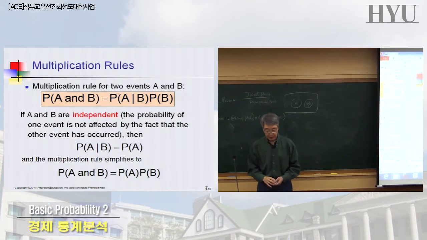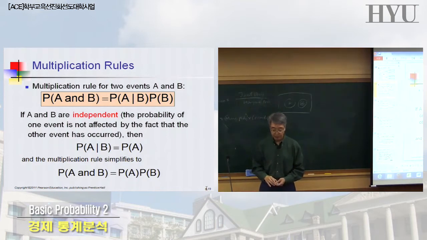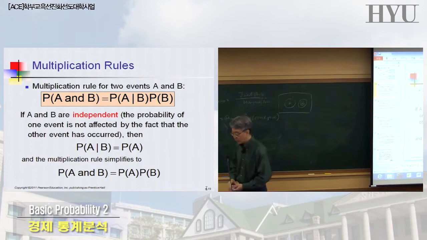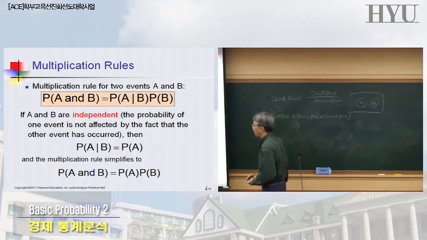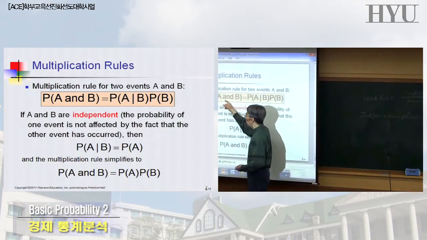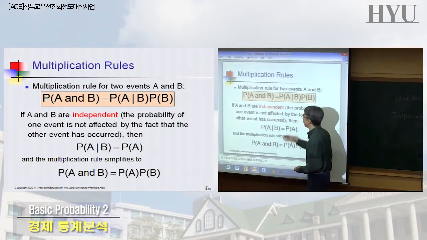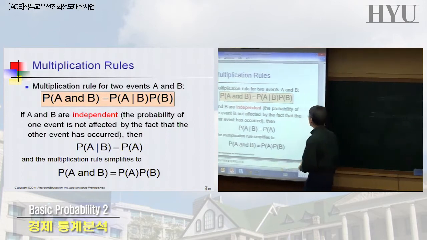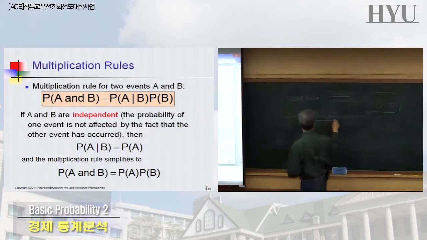All right, so at this point, we are ready to talk about the multiplication rule. We just talked about the general addition rule a few minutes ago. Here's another rule. The multiplication rule says the joint probability of A and B is the conditional probability of A given B times the marginal probability of the condition, which is exactly what we have here.